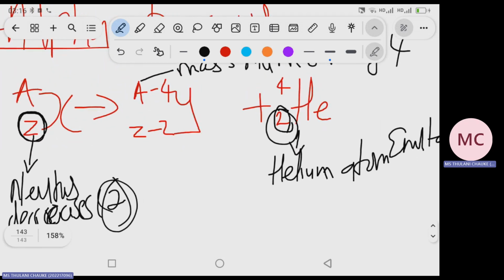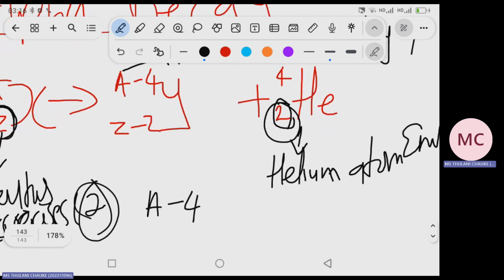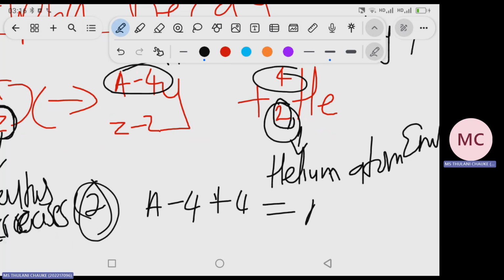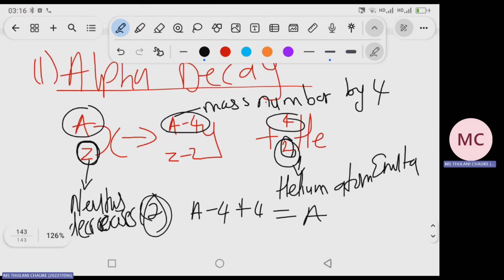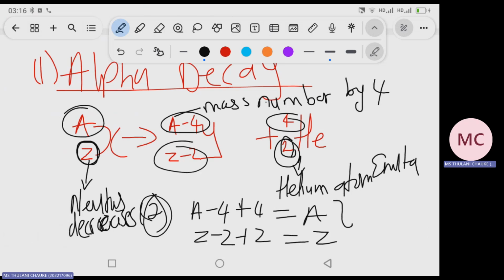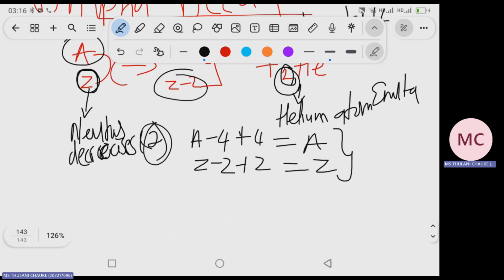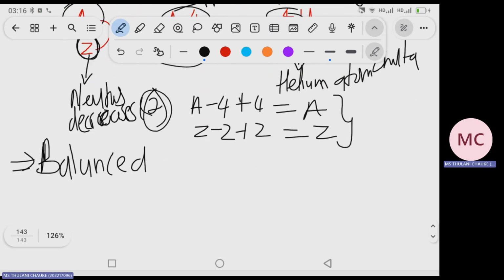And if you check, this equation is balanced. A minus 4 plus 4 will give us A, which is this A. And Z minus 2 plus 2 will give us Z. So this equation is balanced, which just tells us that this applies to any particle.